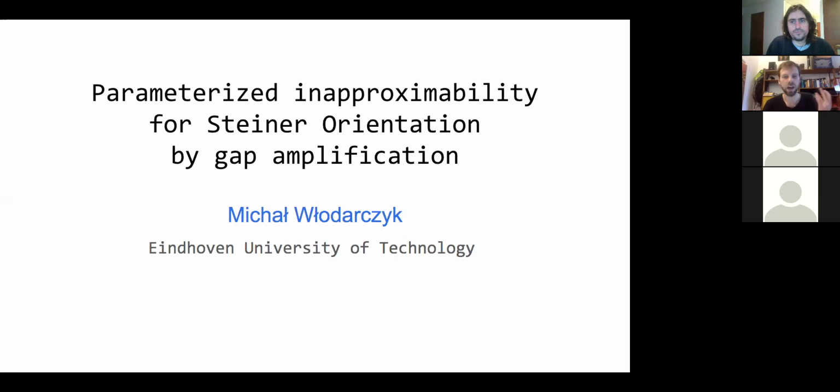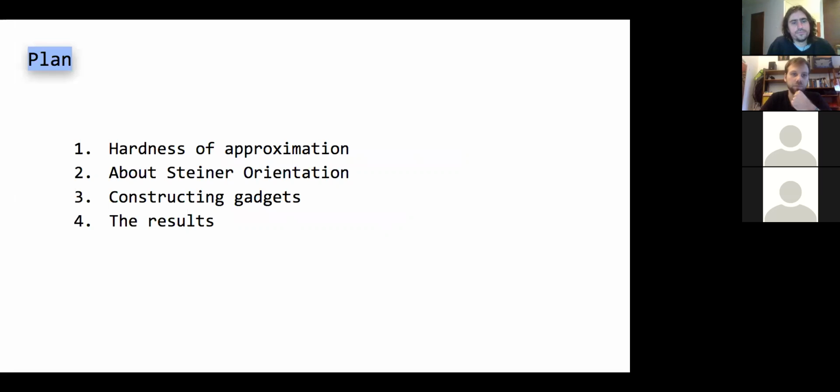And I thought that Steiner orientation has some nicer special structure, which makes it different from problems like directed multicut. And then I revisited this problem a few years later from the point of view of FPT approximation, and it turns out that in fact, yes, it has some special structure on which I will be talking today.